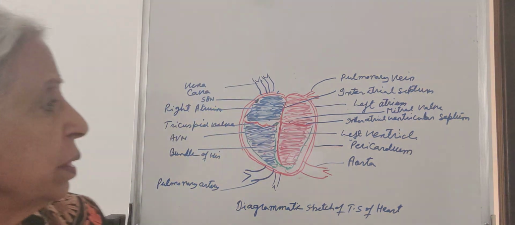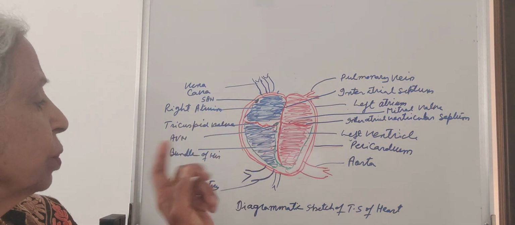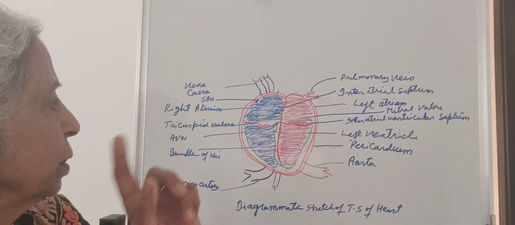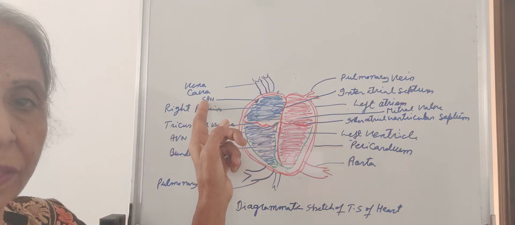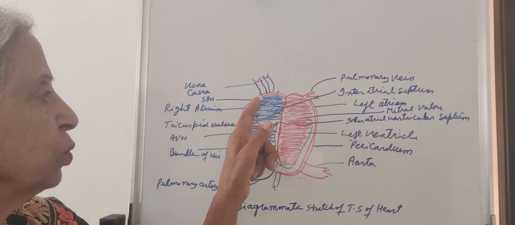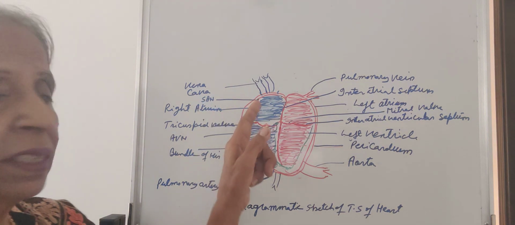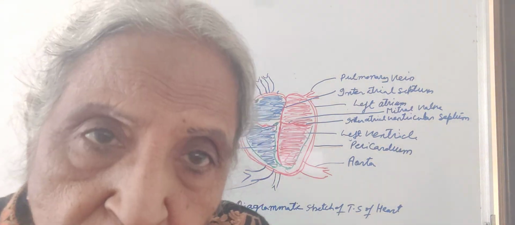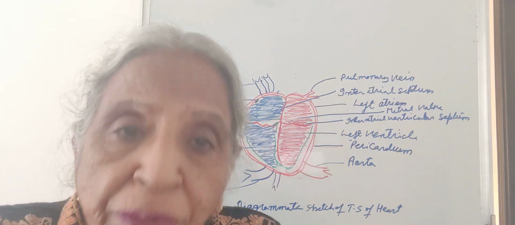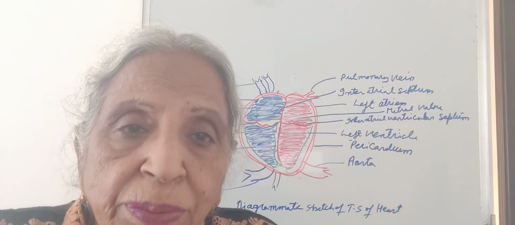That is called the sino-auricular node, SAN. This patch which I have shown in green color, the SAN, is also called the pacemaker.